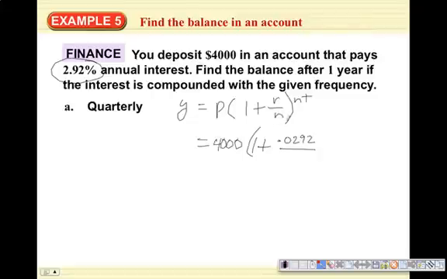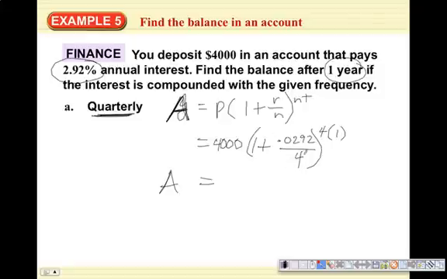Over N. How many times do we do this? Well, that's the first question. Quarterly means 4, to the NT, so to the 4 times T. How many years? It says find the balance after 1 year. So T is actually 1. Just type that in your calculator and you are done, folks. So A, your amount in your account, is equal to whatever that produces.